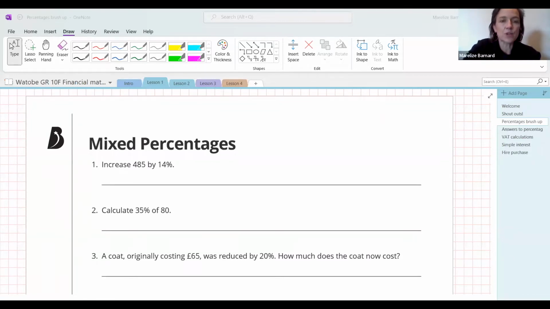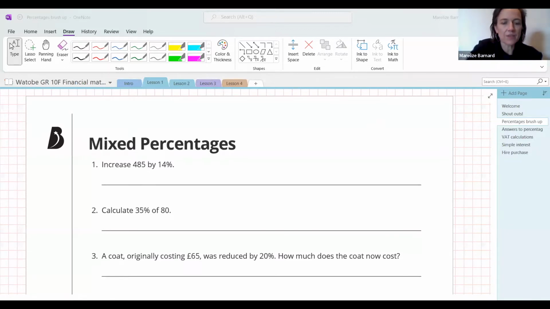Okay, guys, let's focus on our maths now. We are calculating these percentages. So I hope it goes well for everyone who's writing, but we've got to now practice our percentages and our maths. So let's do the first question. 485, we're going to increase by 14%.